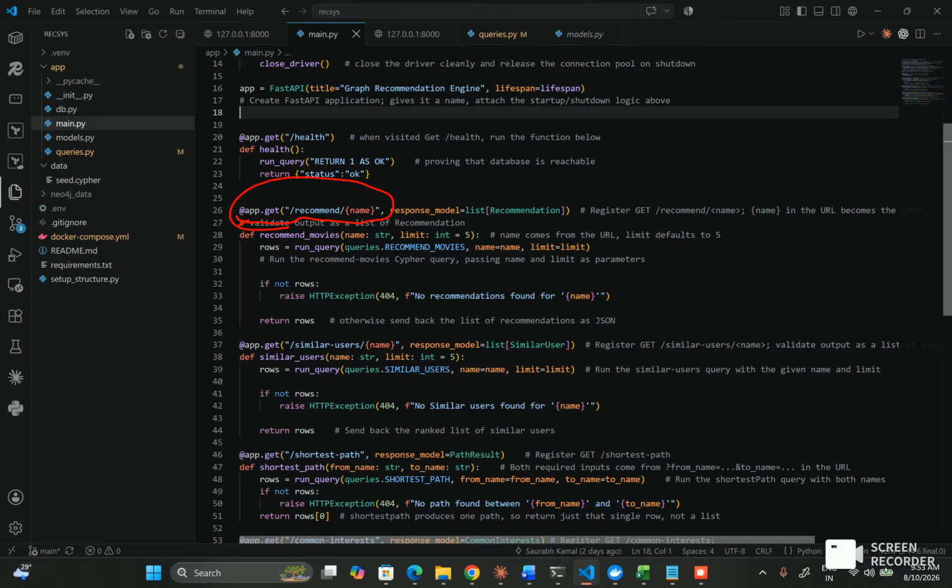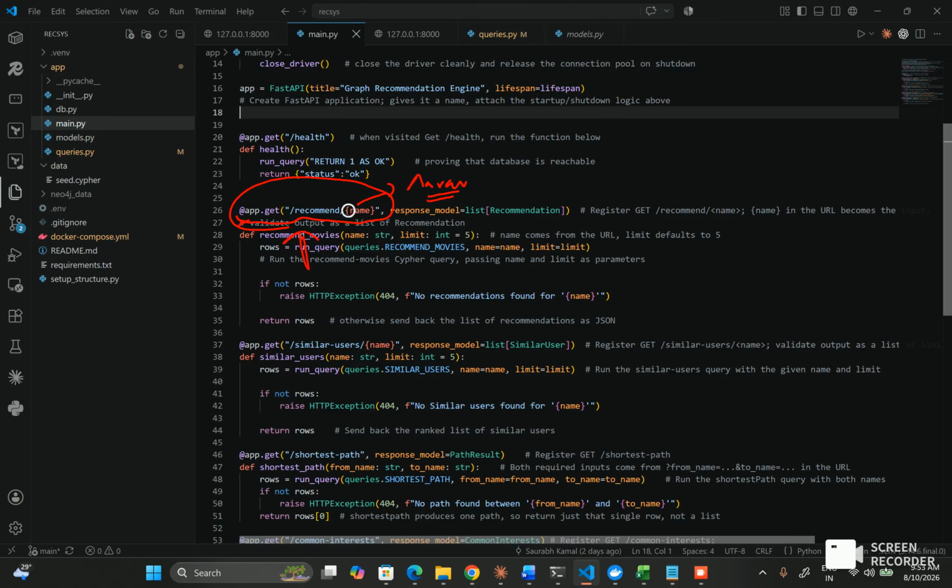It says whenever someone sends a request to something like /recommend/{name}, suppose here there is a name as we did in our examples, features Arav, /recommend/RF, now run the function sitting right underneath.